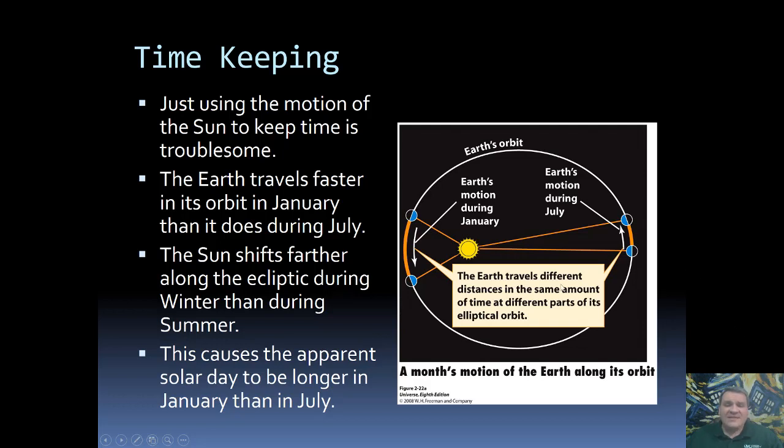When the Earth is traveling faster, it has to rotate a little bit more to get the sun back up on the meridian, meaning the day from one noon to the next is a longer amount of time. When the Earth is far from the sun and traveling slower, it doesn't have to rotate as much to get back to noon, so it is less time from one noon to the next.